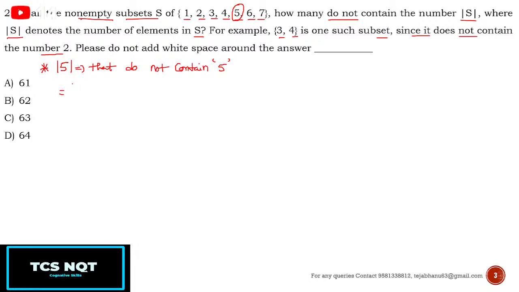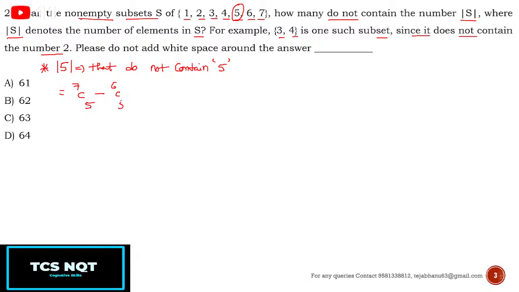Total there are 7 numbers, out of which I am selecting 5. 7C5 minus, originally I have only 6 numbers because I am not considering the 5 in this case. If we remove the number 5 from the 7 numbers, we have only 6 digits.